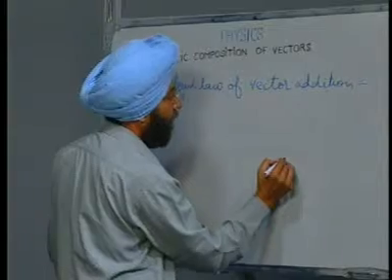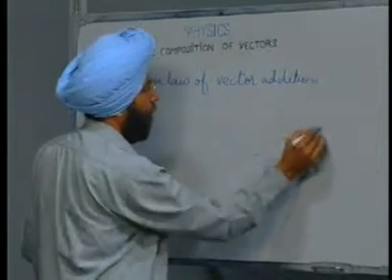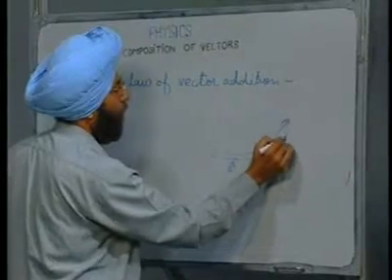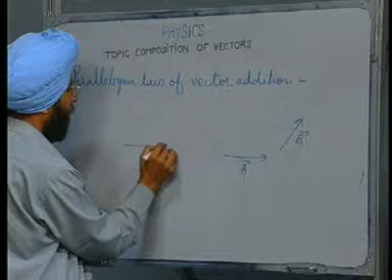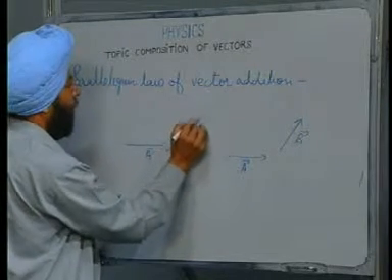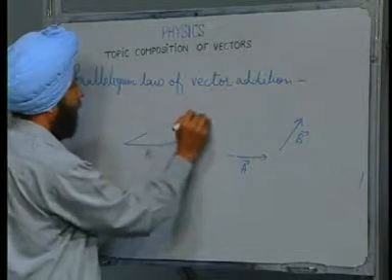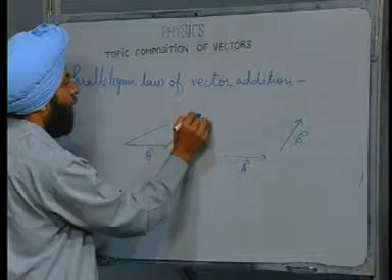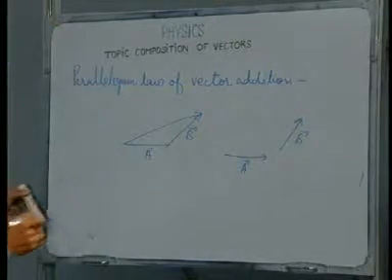We have two vectors A, B, then we can add them, and this side gives the resultant. This resultant is given by the third side taken in the opposite order.